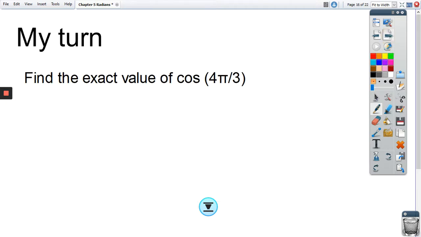And finally, let's have a look at working out some exact values when we're not looking at principal values, when we're looking outside of 0 and pi over 2. When we're looking at that, what do we get here? So if we're looking at cos of 4 pi over 3, then if we think of the graph of cos, here's the graph of cos.